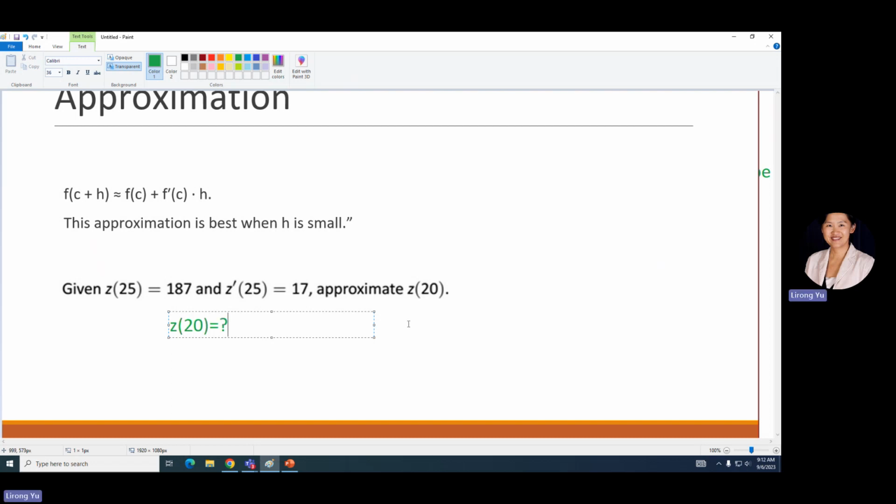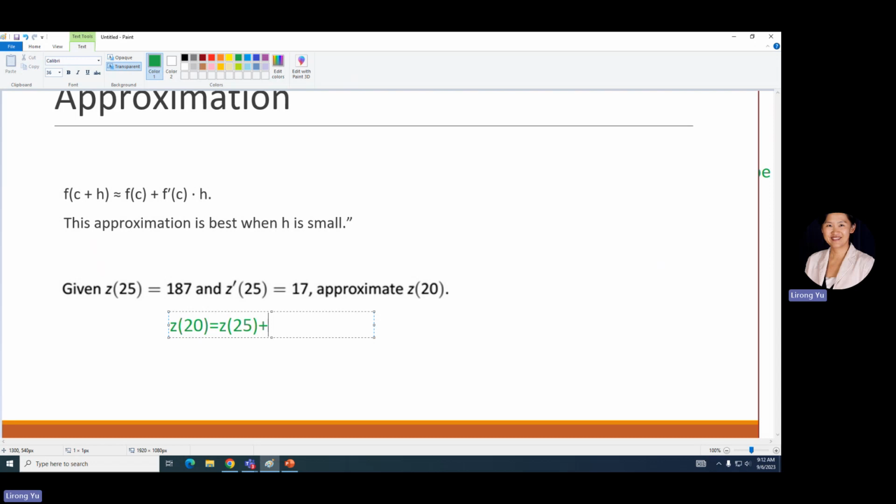All right, this is actually going backward. Instead of plus something, we actually have to subtract. So compare what we're trying to do. We know that z at 20 is not too far from z at 25. So we know that z at 20 is 187 plus the change. So this is equal to z at 25 plus the change. Let's compare these two: new y value, new z value, this is the old z value, and this is the change.